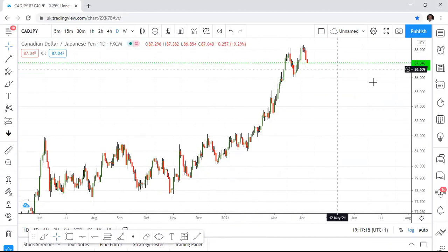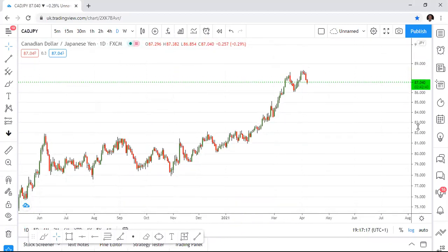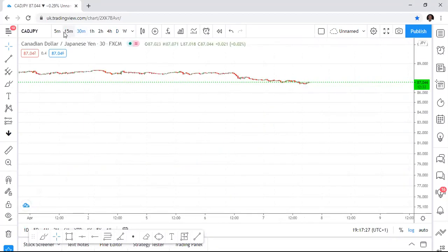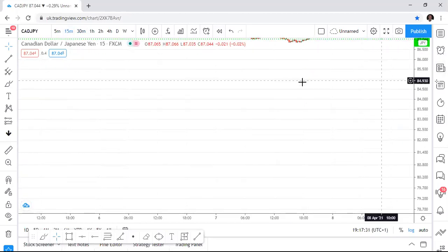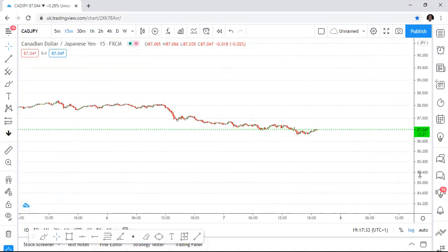Now, once you look at your chart, the mistake most people make in analyzing the market is that they go too low. They will go to 30 minutes, they will go to 15 minutes and all that. You will not see the direction of the market with the lower time frame.